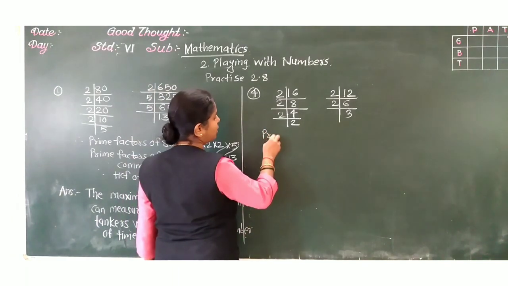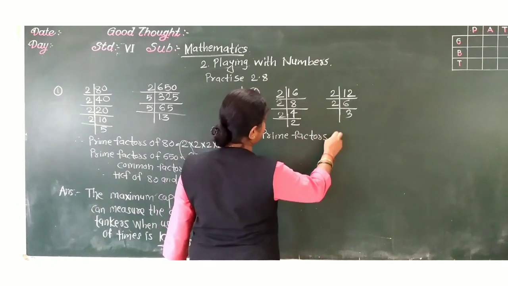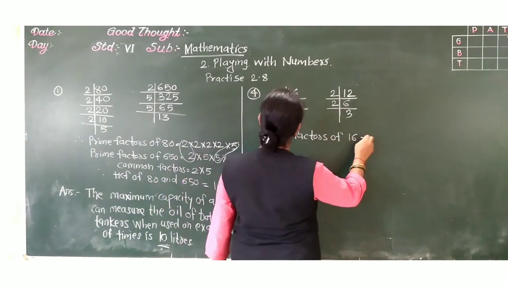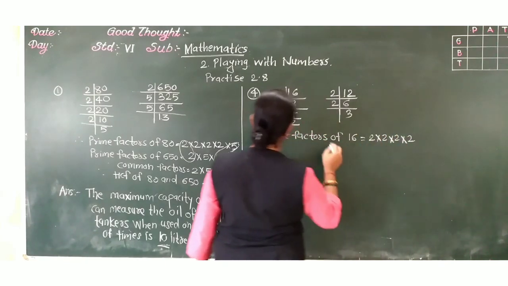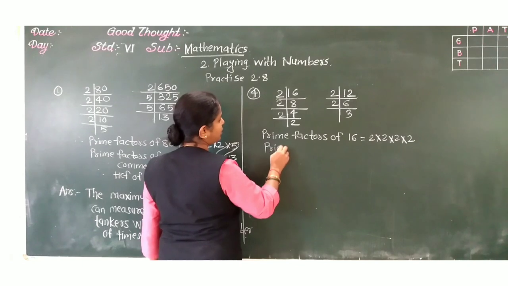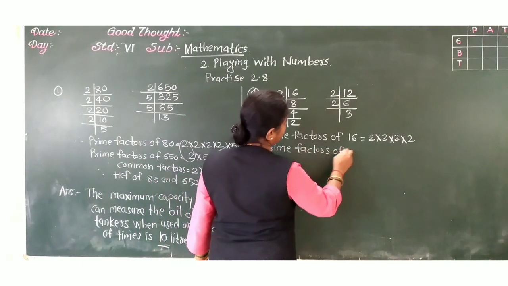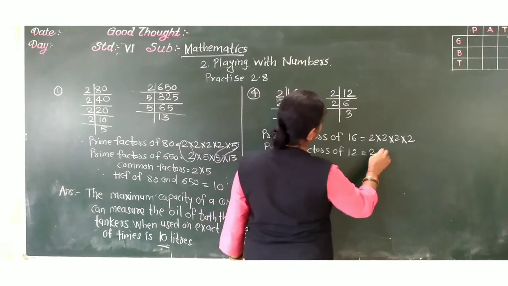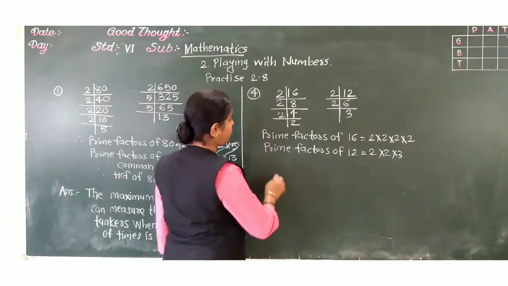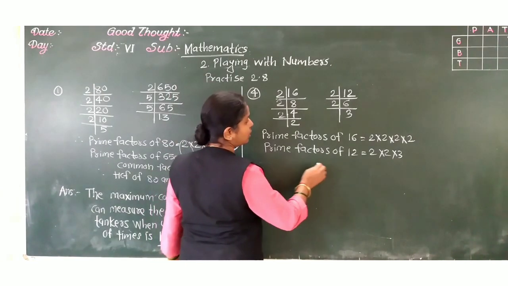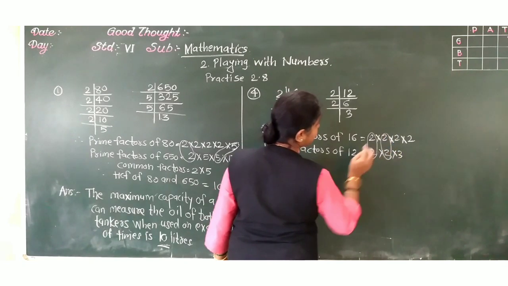We want to find out LCM. So before that, write the prime factors of 16, which is 2 into 2 into 2 into 2, and the prime factors of 12, which is 2 into 2 into 3. Now we want to find the common factors.